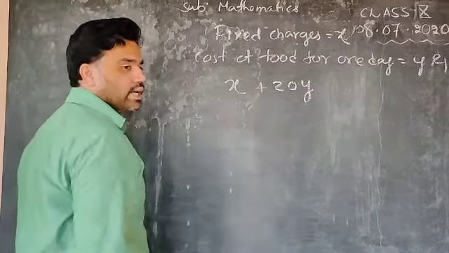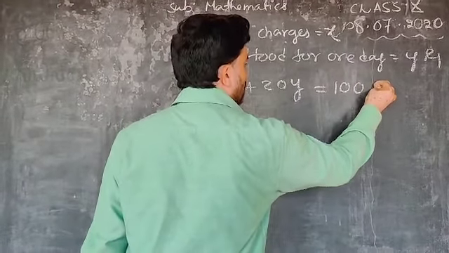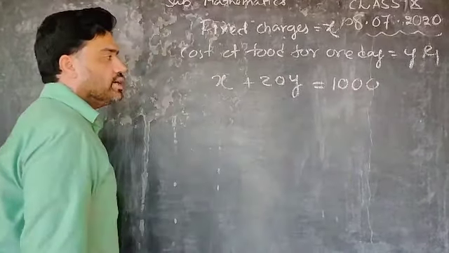In addition to that he has to pay the fixed charges, x rupees. Totally for a month, how much does he have to pay? 1000 rupees.